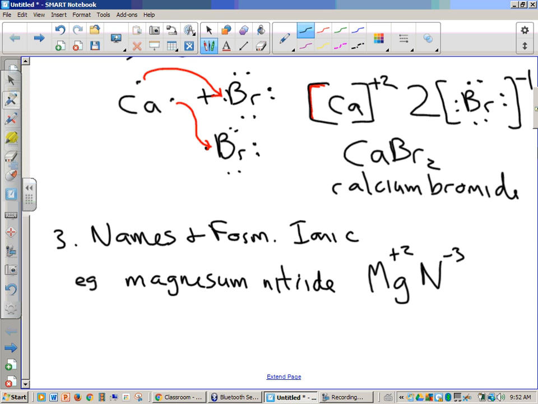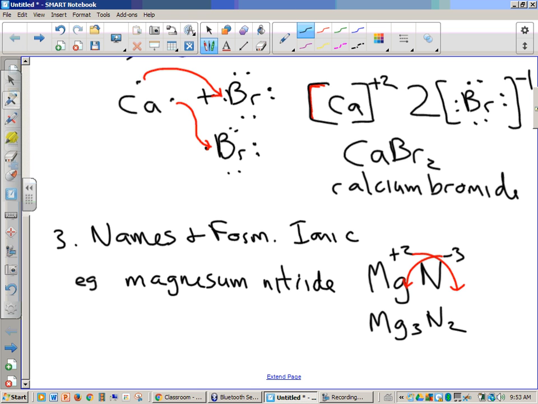Then we cross those over, and we're not going to write in the charge anymore because they're just telling us how many atoms there are, Mg3N2. If we've got a common factor like 2 and 2 or 3 and 3, we can divide out the 3's and make them become 1's. Remember, when we have a 1, we don't write the 1. We just leave a space there.